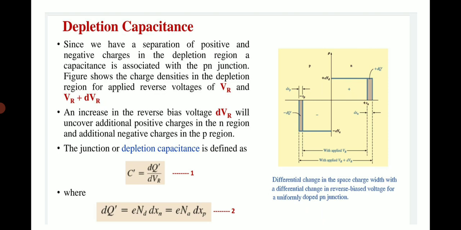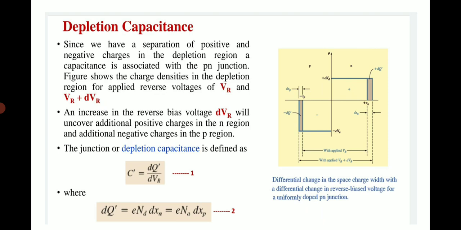In the depletion region, since we have the separation of positive and negative charges, a capacitance is associated with the PN junction.